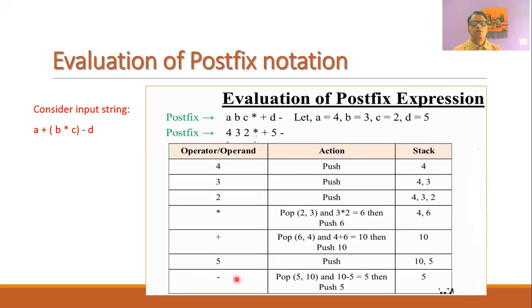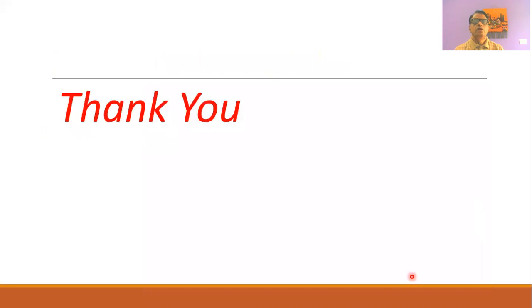Then the next symbol is subtraction, where we will pop off 10 and 5, perform the subtraction operation, and then push the result 5 onto the stack. So through this example, one can easily understand that by making use of the stack memory, we can easily implement the postfix notation.